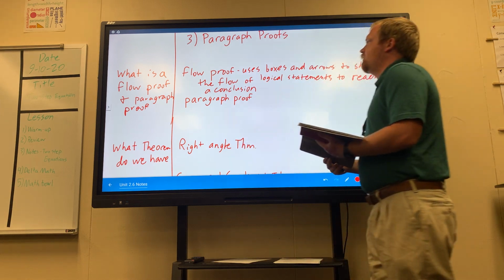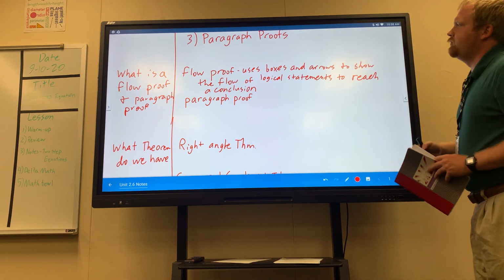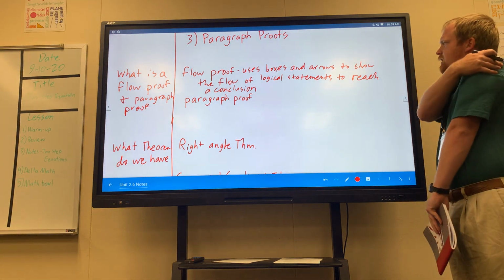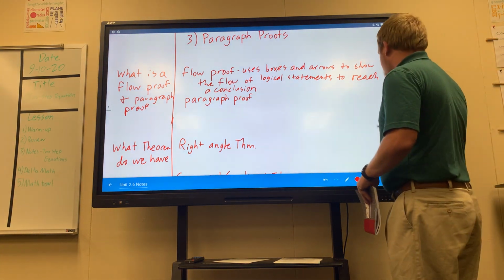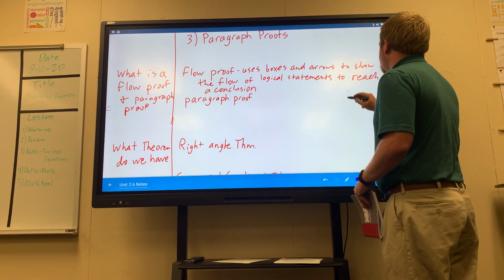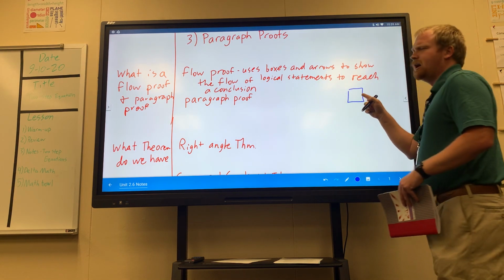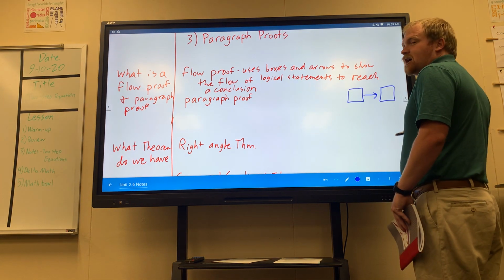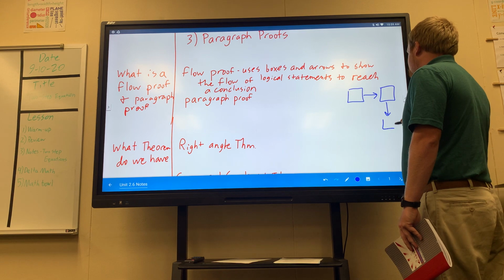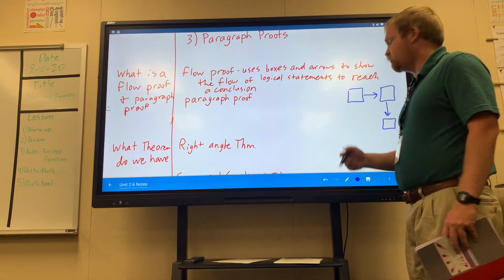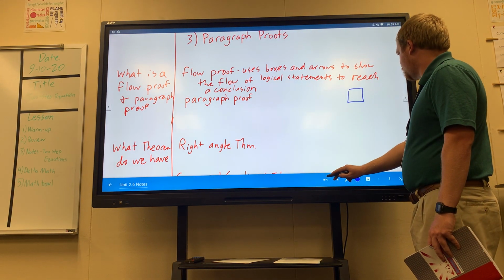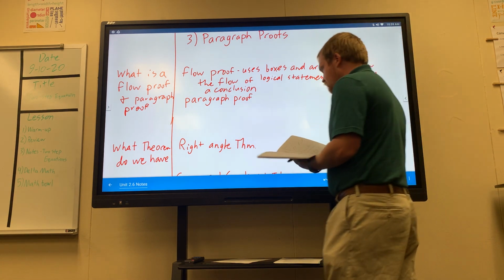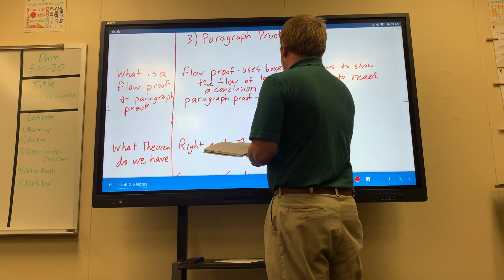So again, flow proofs use boxes and arrows to show the flow of a logical statement to reach a conclusion. That kind of means you don't have to write this down, but if I have a little box with a statement inside and I use an arrow to make that claim, and I just keep going till I reach my conclusion, that's a flow proof.